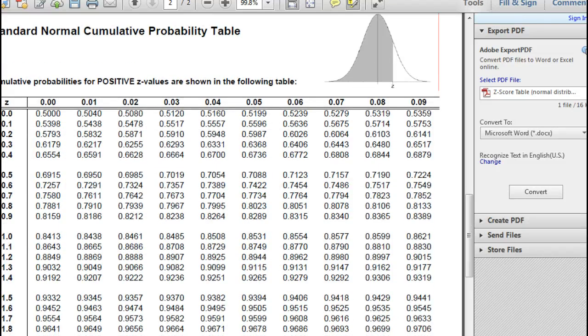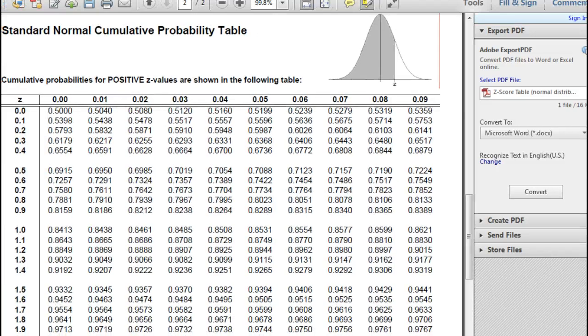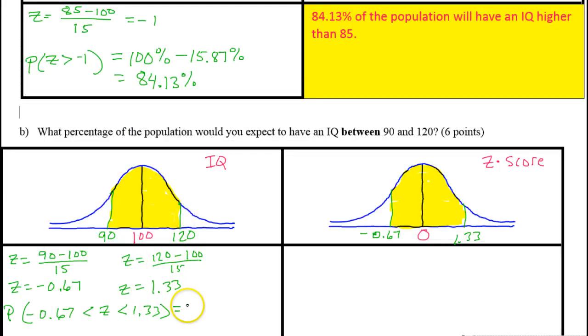So I'm going to come over here and look for that 1.33. So here's 1.3. The second 3 of 1.33 tells me which column I should be in. So 1.3, now this is 0, 1, 2, 3. So that is 90.82%. So I'm going to start there, 90.82% minus. Now I'm going to do the smaller one, negative 0.67.